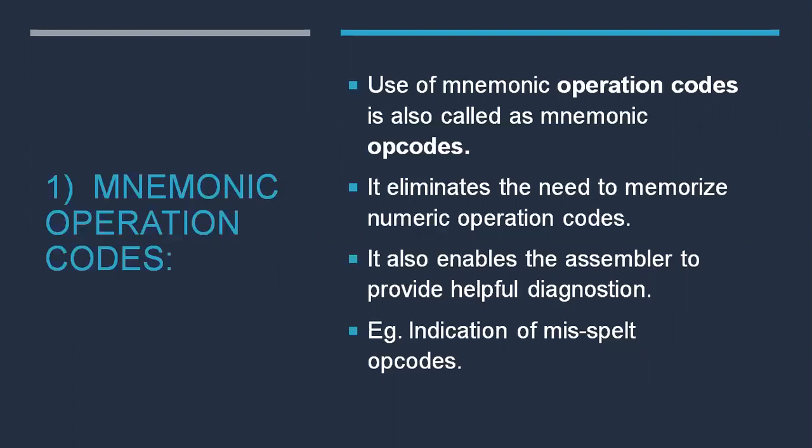Instead of typing MOVER by mistake, if we have typed MOVET, there will be an error, and automatically we will come to know that MOVER was expected, R was expected, but at the place of R, by mistake, T is typed. So these mnemonic operation codes are easy to remember compared to the numeric operation codes. So this is the first feature.